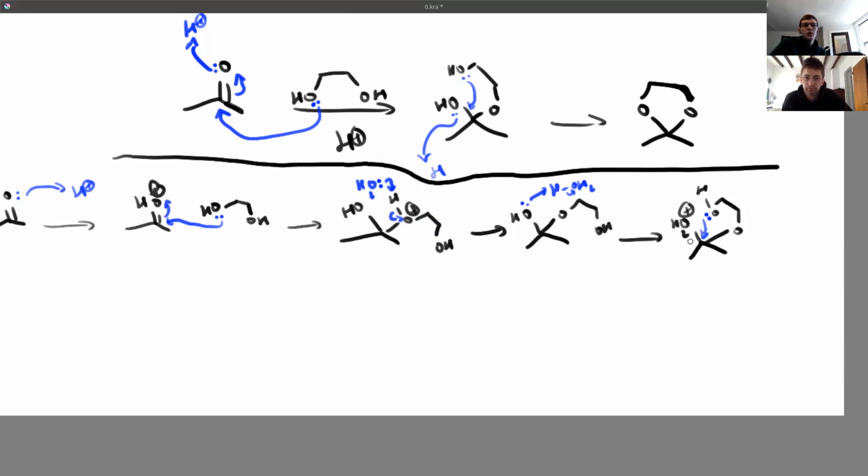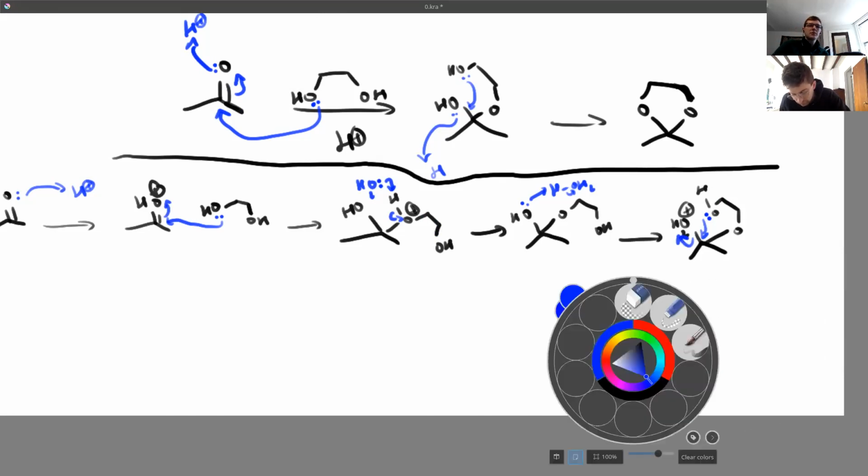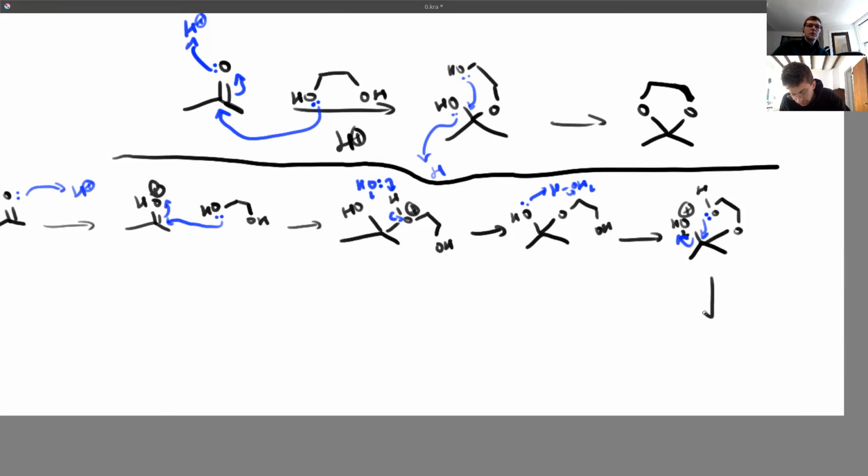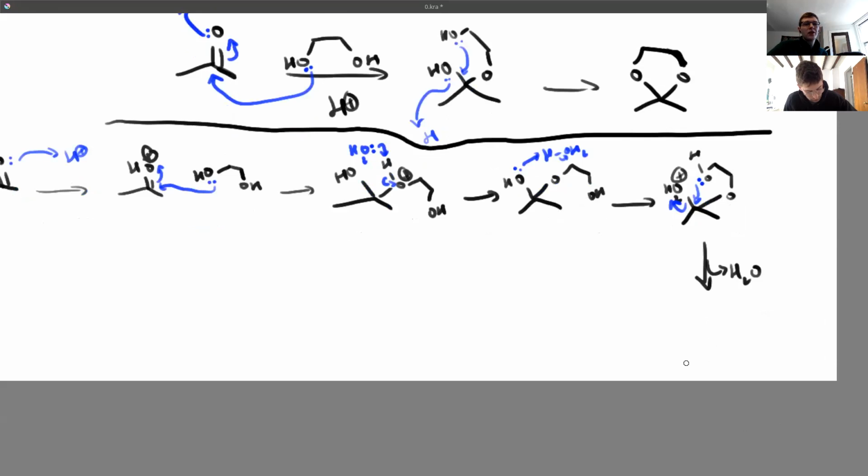So we just do good old SN2 here. We get rid of that water that we make just because we don't need it anymore. And now we've formed our whole ring.